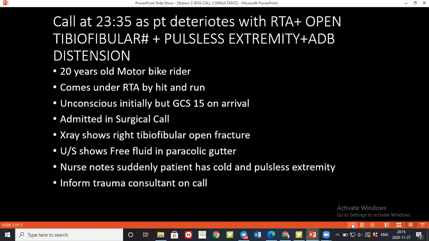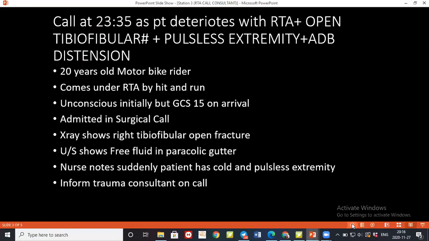Okay, so what do you think is most urgent at the moment, doctor? Yes, sir. The most urgent we think is the pulseless limb on the fracture side, because we thought it might be a vascular injury and it is posing an immediate threat to the limb. So we should give the first priority to the limb.